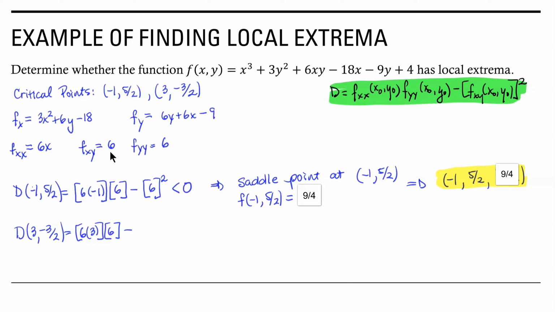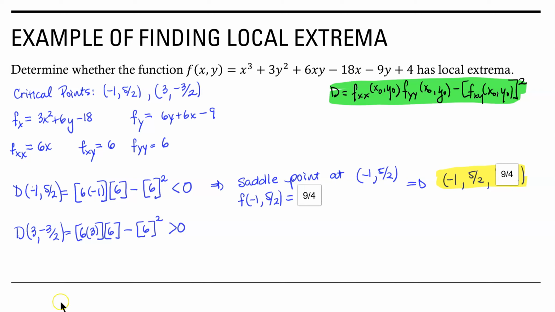Notice that's also a constant, so we just pull that constant value in and square it. Now, when I look at this, I could certainly run it through my calculator, but all I'm really interested in is whether this is positive or negative. So what I notice is I have 3 times 6 squared times 1 times 6 squared, or 3 copies of 36 minus 1 copy of 36. This is going to be a positive value.